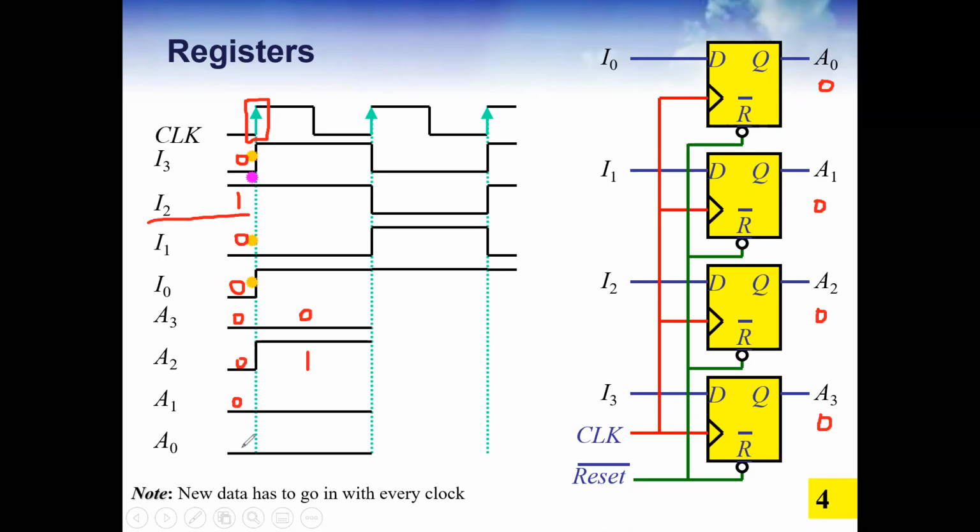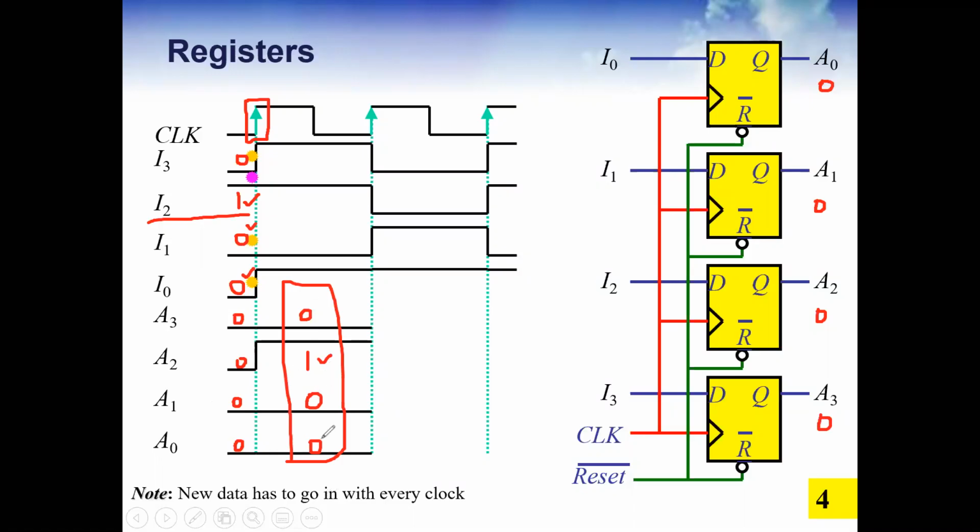So here is a 1, so A2 will also be 1. Now, what is the value of I1? I1 is 0, so A1 is still 0. What is the value of I0? I0 is 0, so A0 will be 0. So this is the status of this register now: 0, 1, 0, 0.